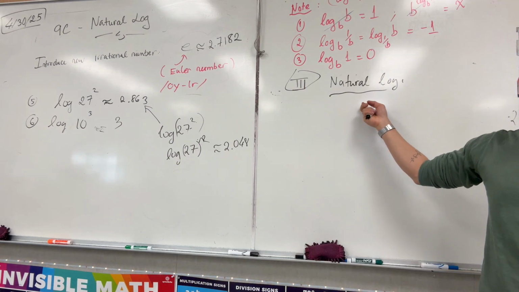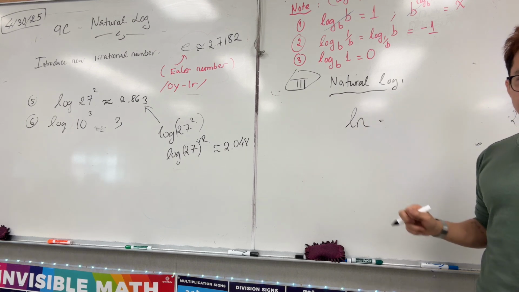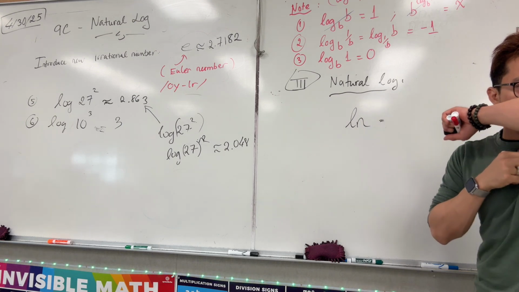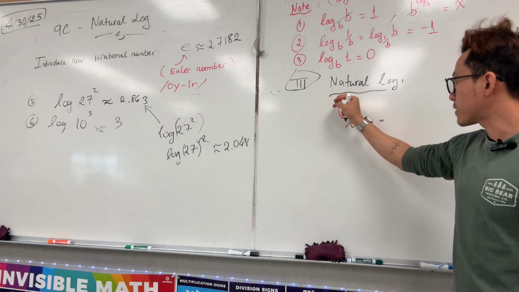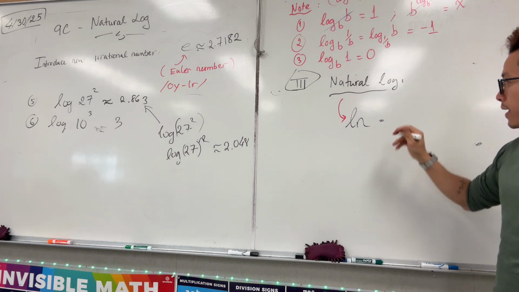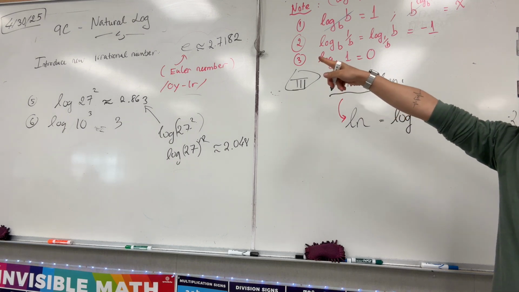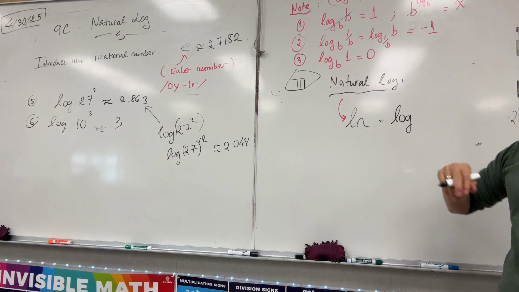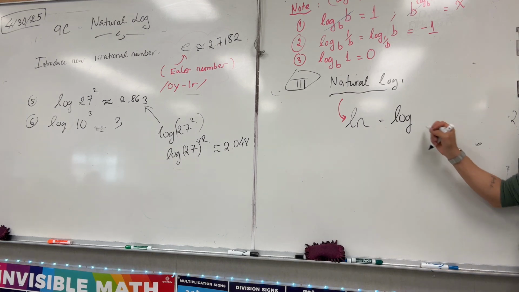Natural log. If you see ln on a calculator, what is ln? Natural log. ln is the natural log. But what is the ln though? ln is the log base e. Natural log is the log base e.